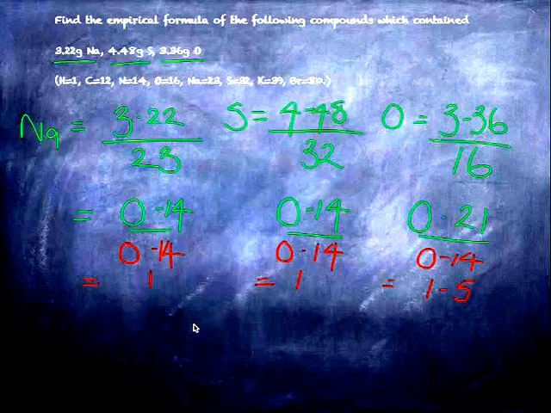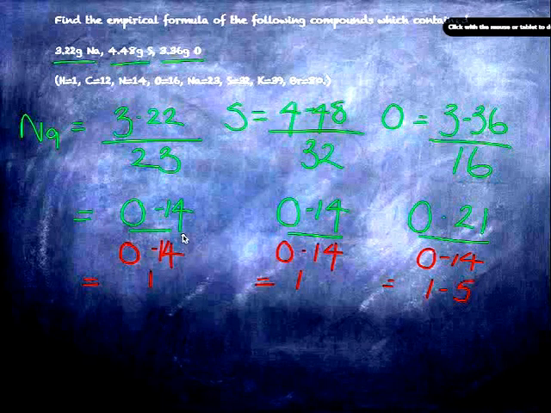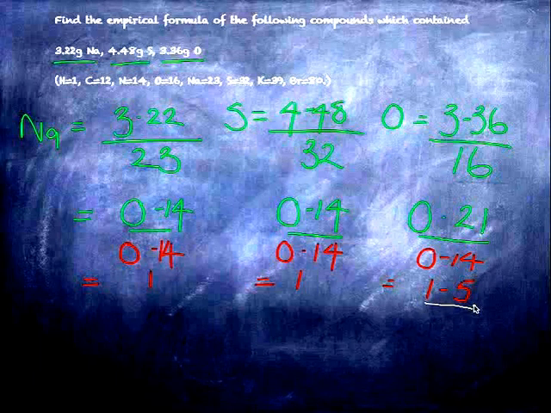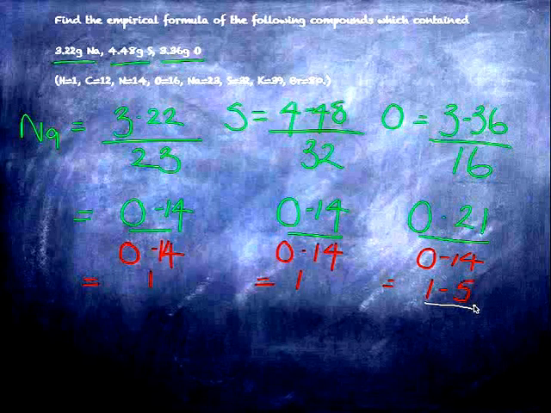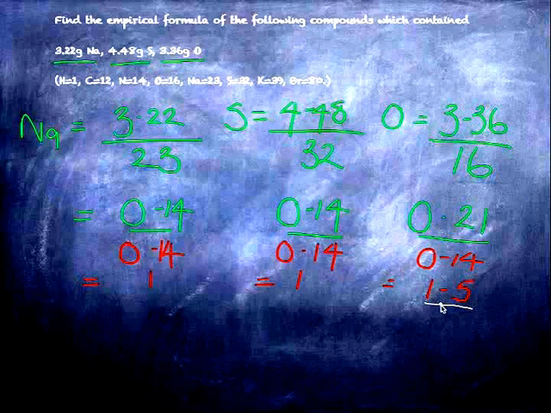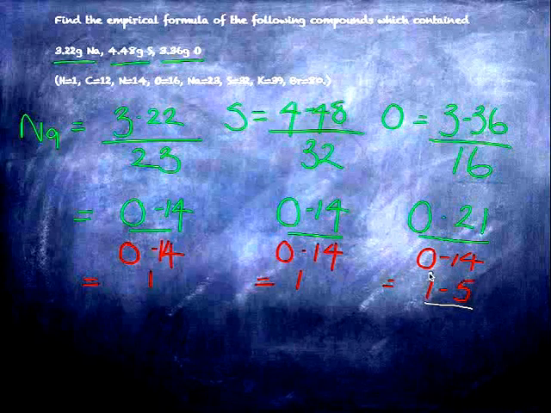Now, the reason why I said that this was an interesting one is because in chemistry, obviously you can't have 1.5 atoms. So we need to do something about this 1.5 atoms. Now the way we do this is to try and make this into a whole number.